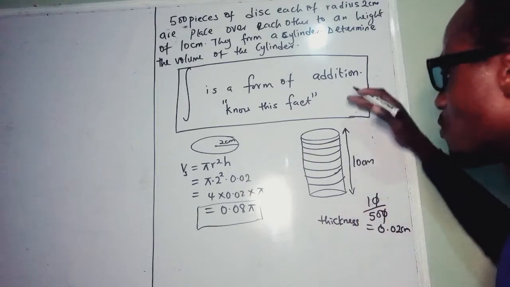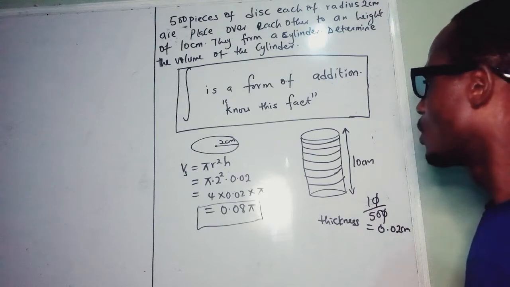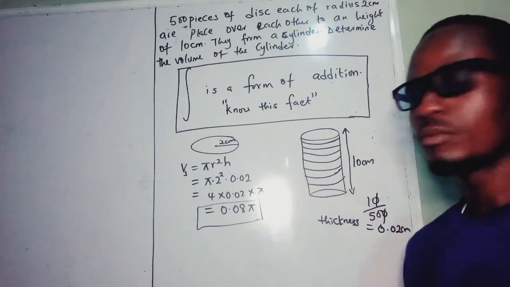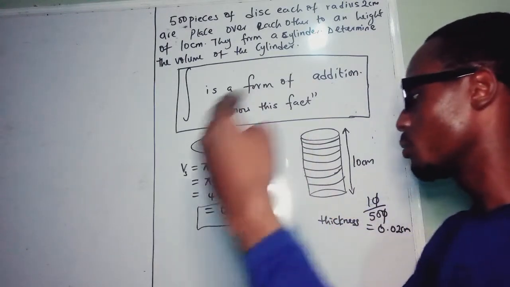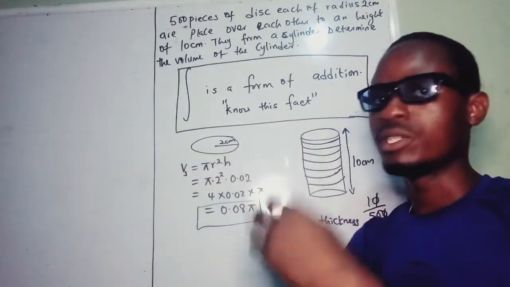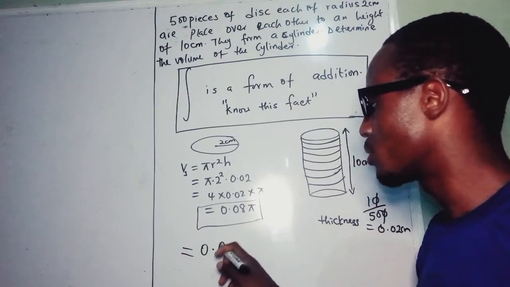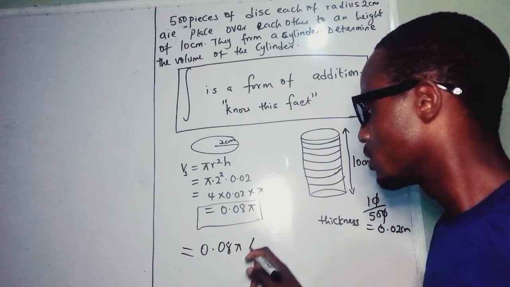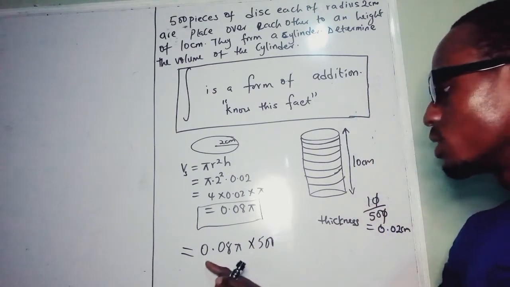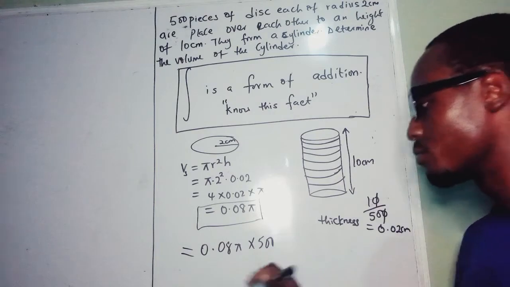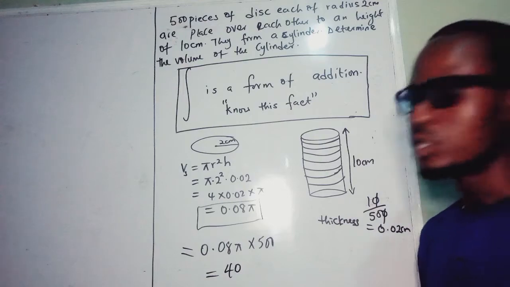Now, what is the volume of 500 discs placed together to give this height? We can just add them: 0.08 pi plus 0.08 pi, and so on, which is 0.08 pi times 500. If we multiply 0.08 with 500, this gives us 40 pi.